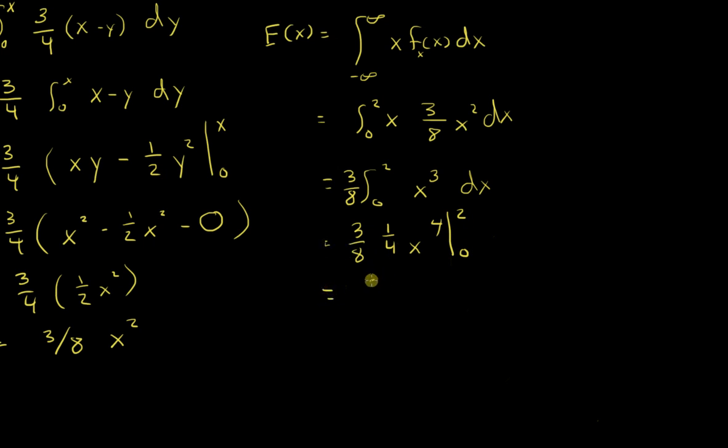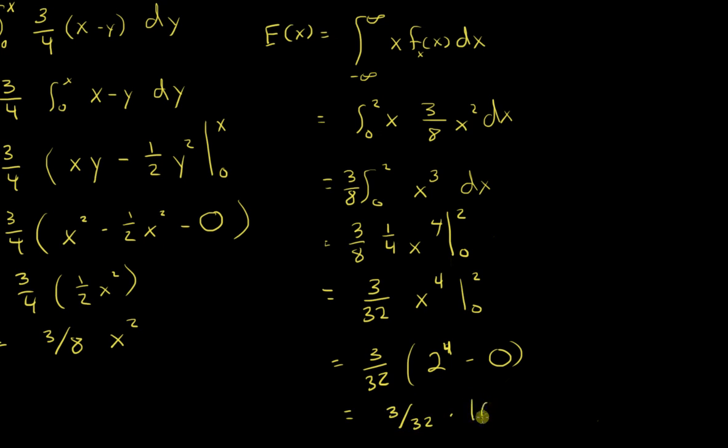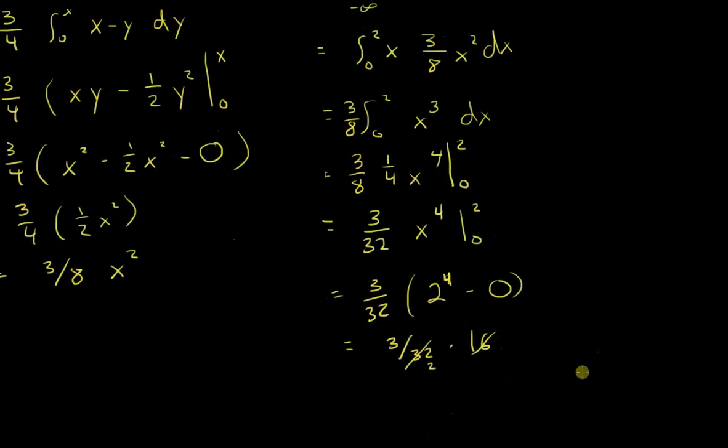That is 3/32 times x to the fourth, evaluated from 0 to 2. So 3/32, 2 to the fourth power minus 0. 2 to the fourth power is 16, so I get 3/32 times 16. These cancel, and that becomes a 2. So the expected value of x is 3/2.